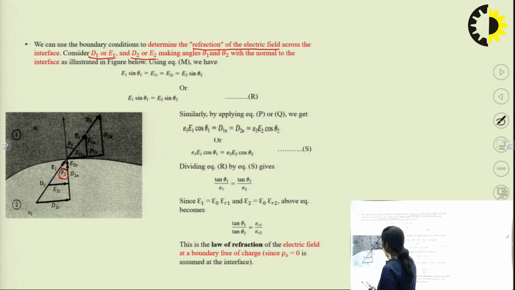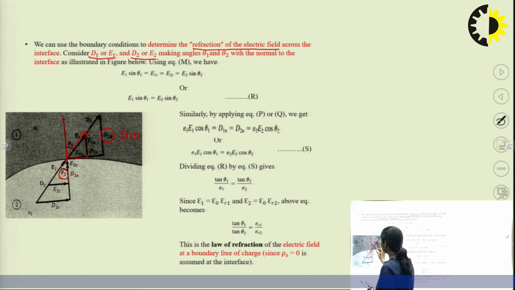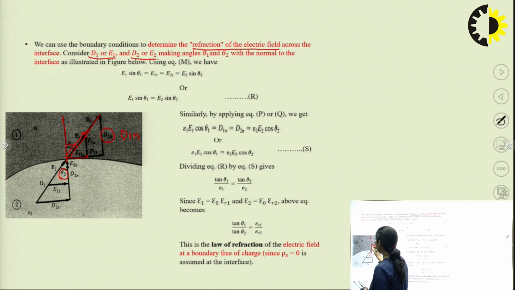And let there be another surface from this origin. Here is the electric field E1, and here you have E1t, and joining this distance is denoted by D1n. This is D1n. Now the angle in between, this is your axis, is theta 1.